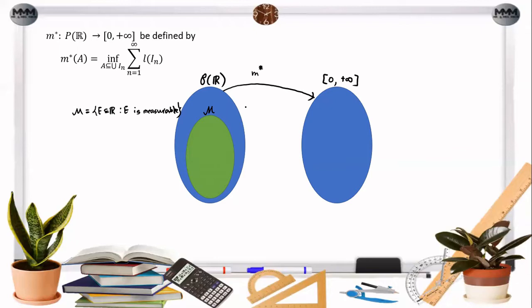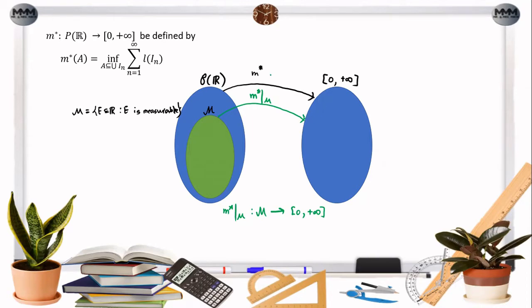So actually, we can obtain here the new function, m star restricted to script M. Now we have this mapping from script M to the closed interval 0 to positive infinity.